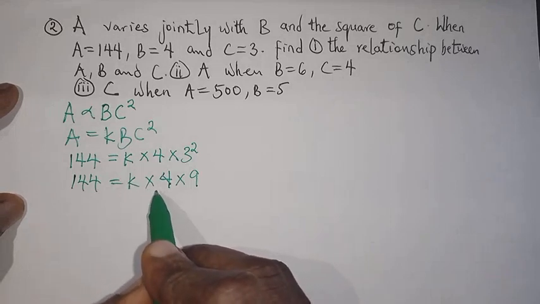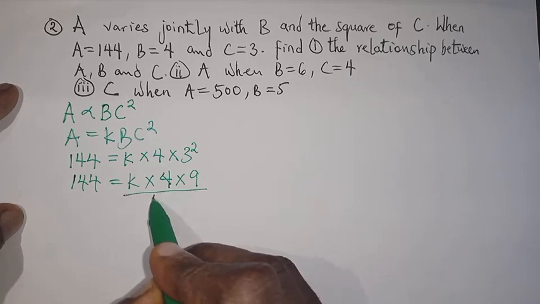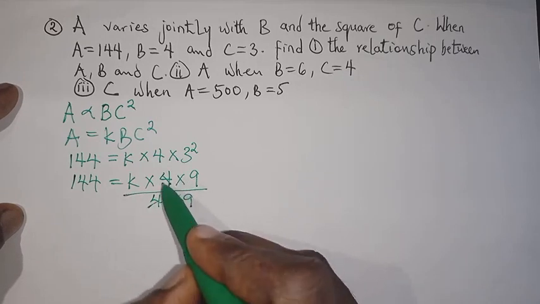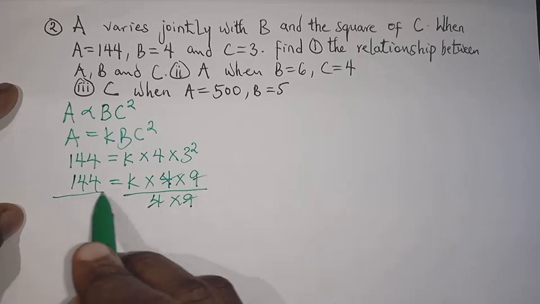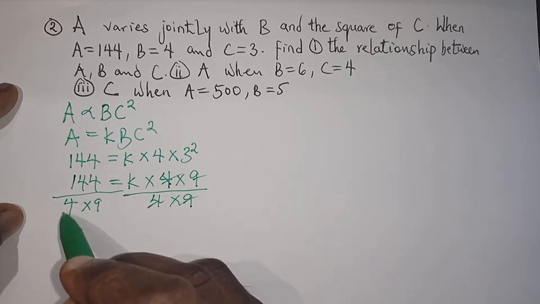So I'm going to divide through by 4 times 9, which is 36, of course. So this cancels, this cancels, then 4 times 9 also, for the sake of simplicity.